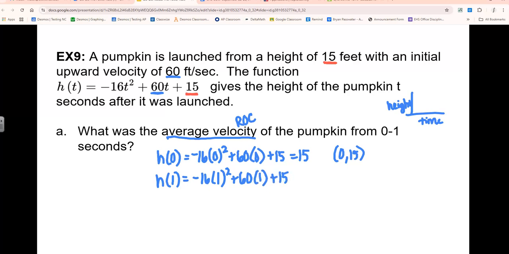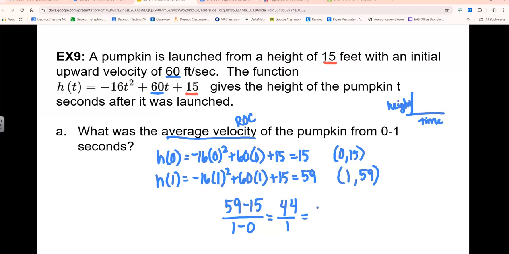So that's going to be 75 minus 16, we get 59 there. Yeah, 59. And so if I want to know average rate of change, I would do 59 minus 15 over 1 minus 0. So that is going to give me 44 over 1, which is just 44. And that would be feet per second.